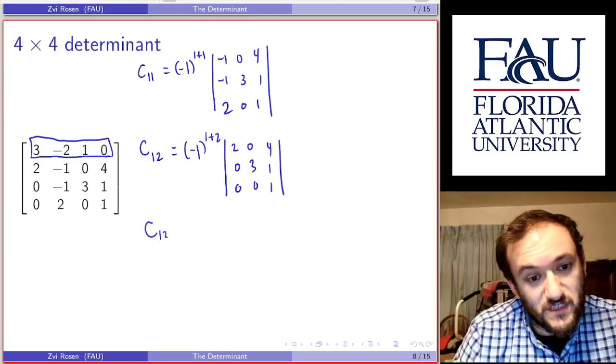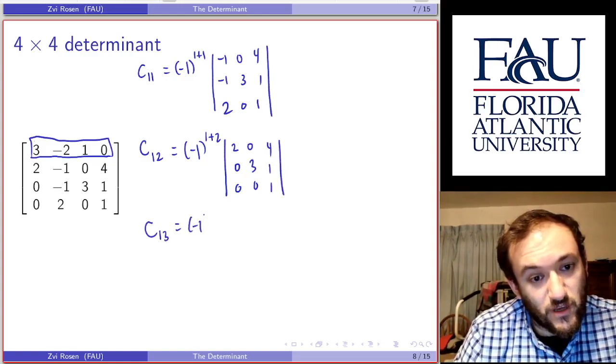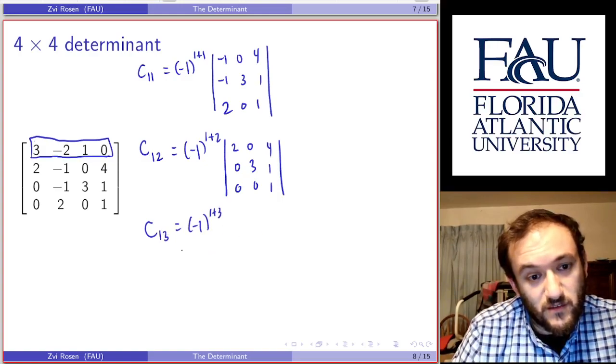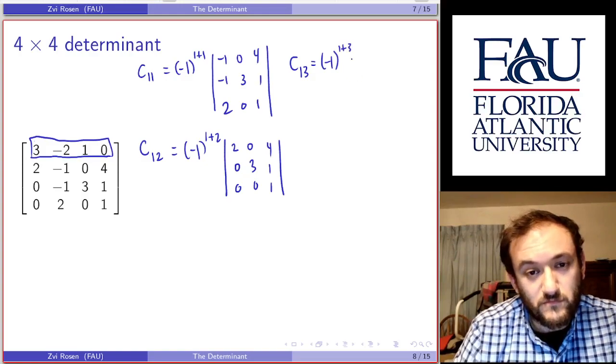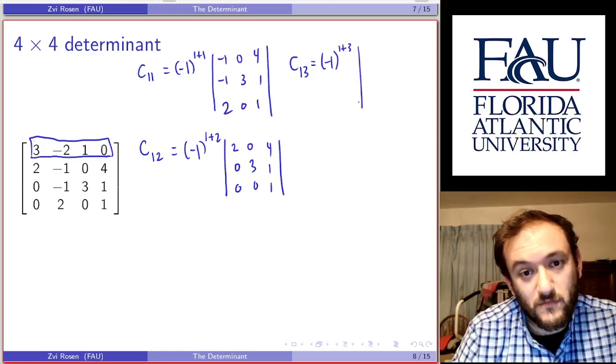And we have C13, which is negative 1 to the 1 plus 3. You know, let's do this over here. 2, 0, 0, minus 1, 2, 4, 1, 1.